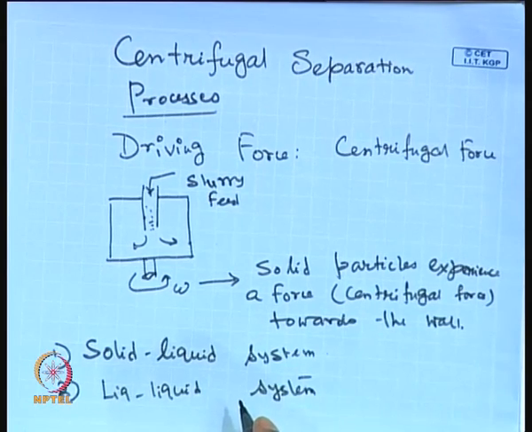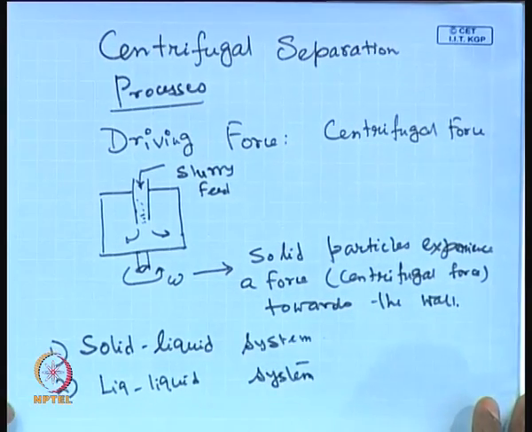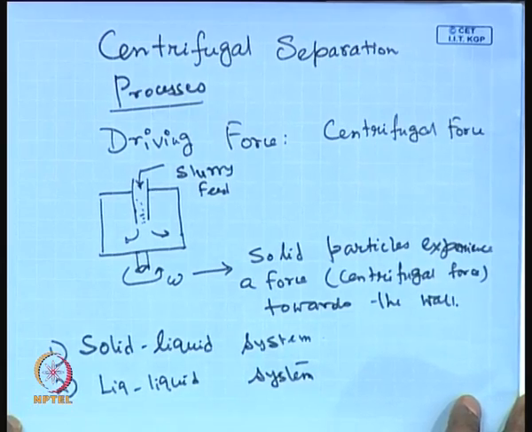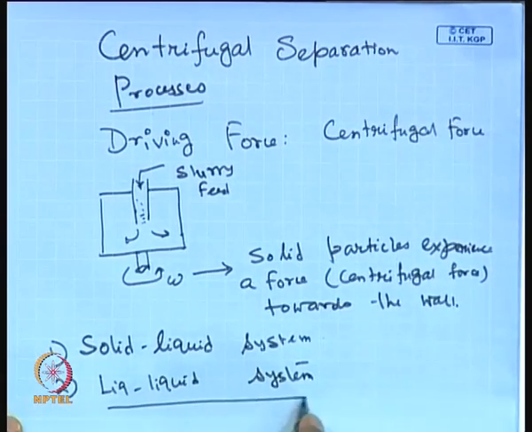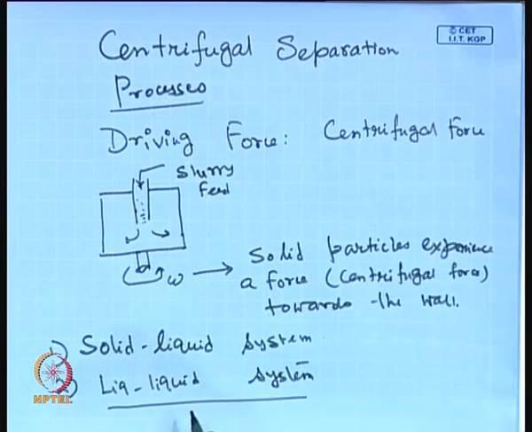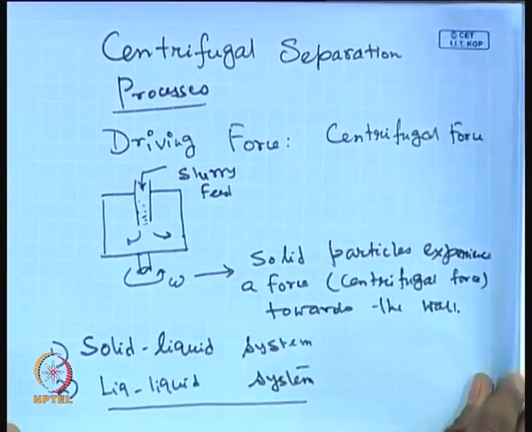Therefore, it is not necessary that the centrifugal separation process can be operated on a solid liquid system only. It can operate on a liquid system as well if there is a density difference of the two liquids that we are talking about. Okay.